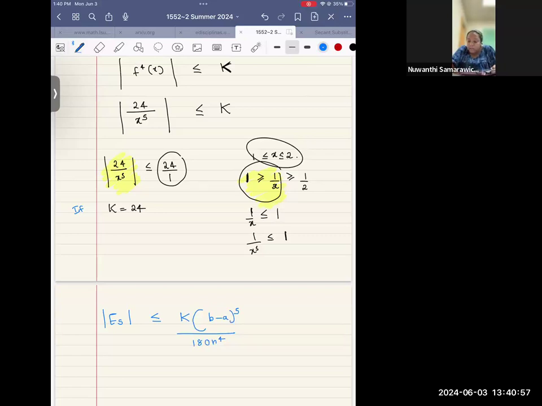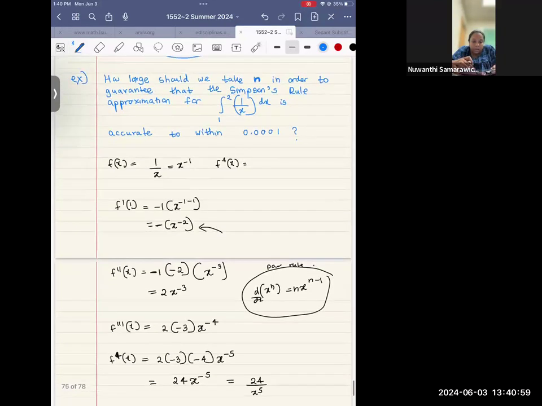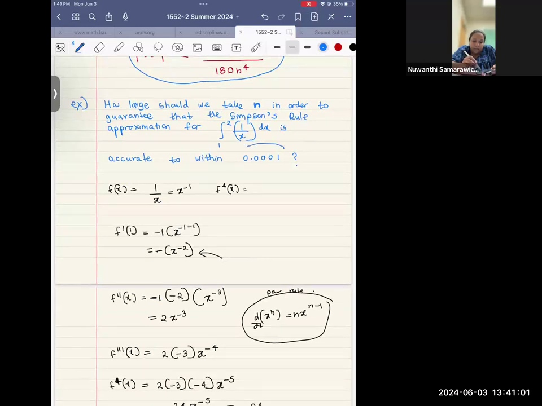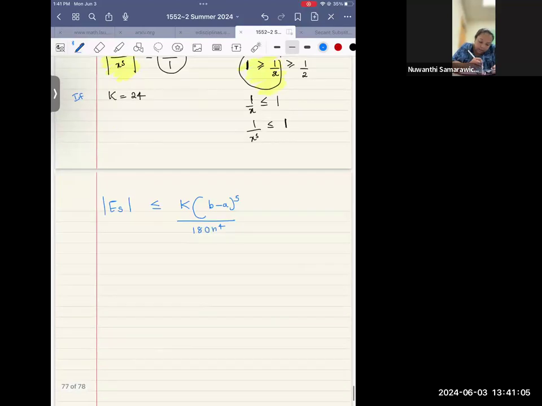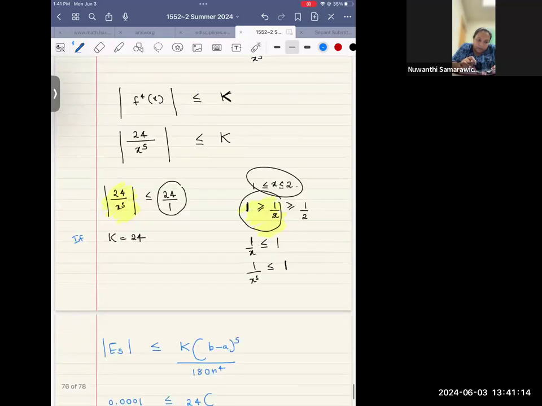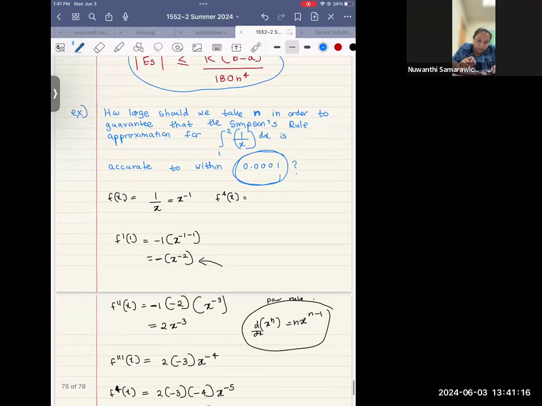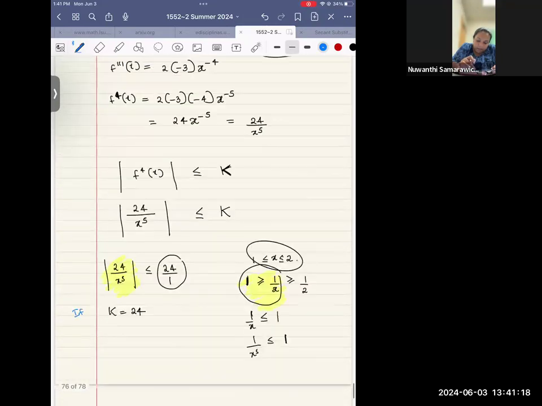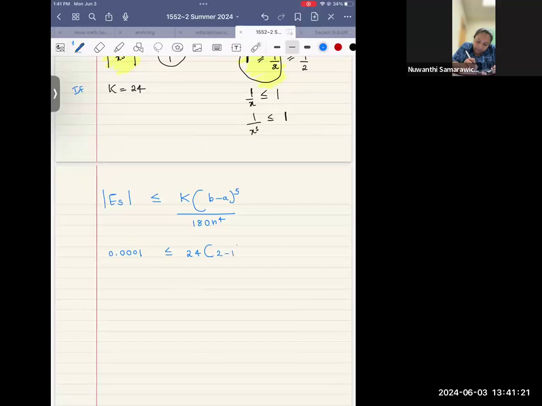Here they have given the error bound, so we can just substitute 0.0001 and k is 24. What is our b minus a? b is 2 and a is 1. So it is 2 minus 1 to the power 5, over 180 n to the power 4.